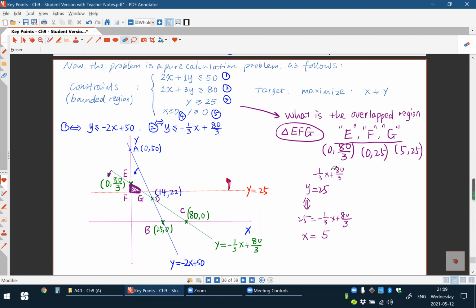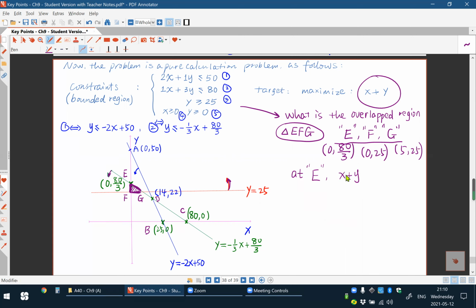Okay, so that means we find the coordinates of the 3 vertices of the overlapped area. Next, we need to find the value of x plus y. Remember, this is our target, right?